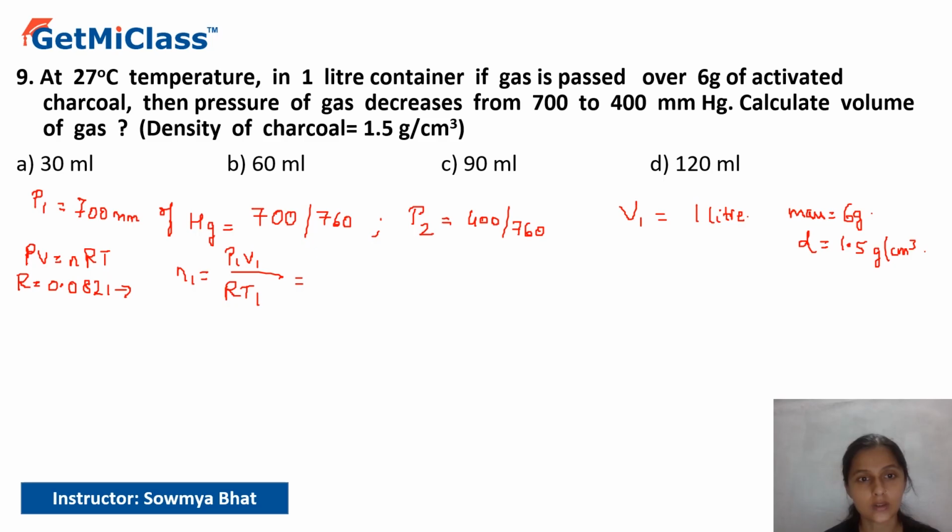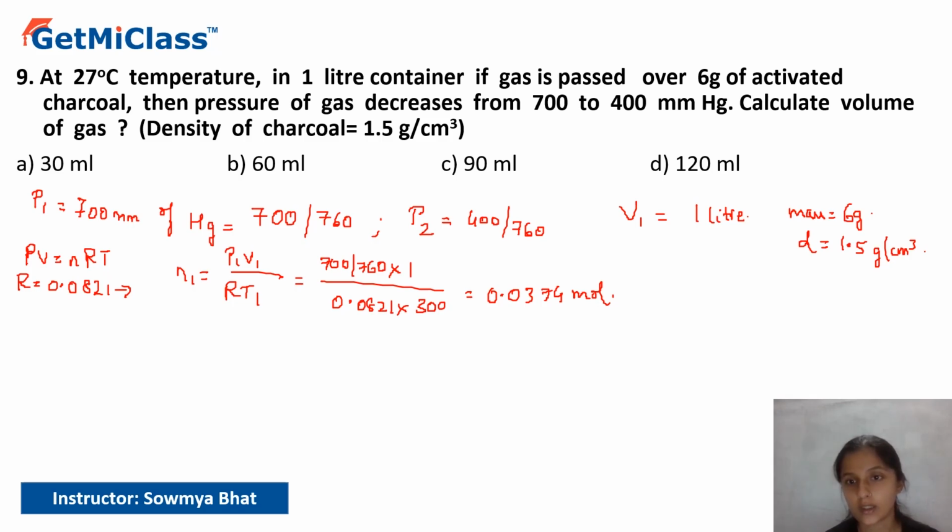So here it is 700 over 760. Initial volume is 1 liter over R is 0.0821 times T. The temperature is given 27 degrees Celsius. That becomes 300 Kelvin. So if you substitute this, you are going to get 0.0374 mole. This is the initial number of moles.